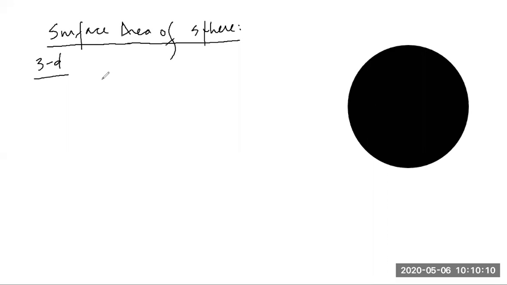So, basically, if you know the area of a circle, it is equal to pi r square, where r is the radius of the circle. Am I right? R is the radius of the circle. Like this is the radius of the circle, and this is the diameter, right?